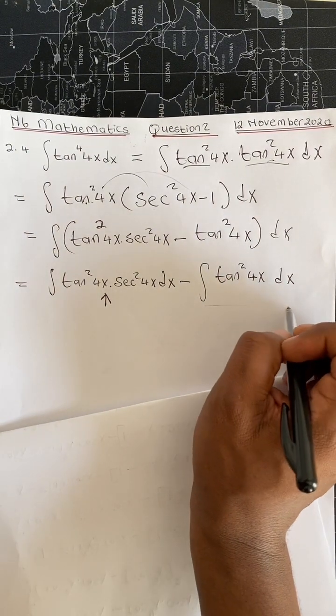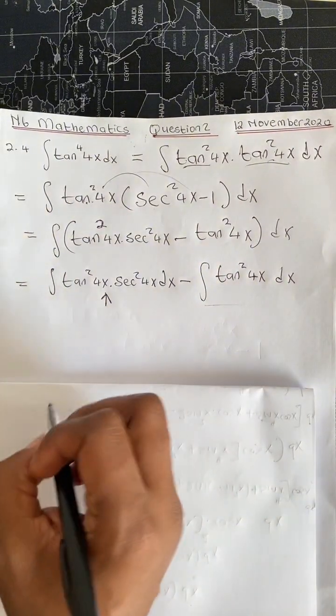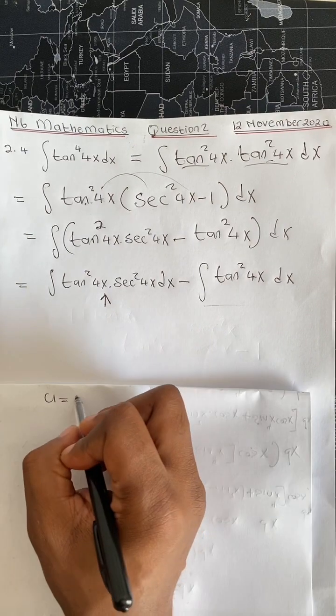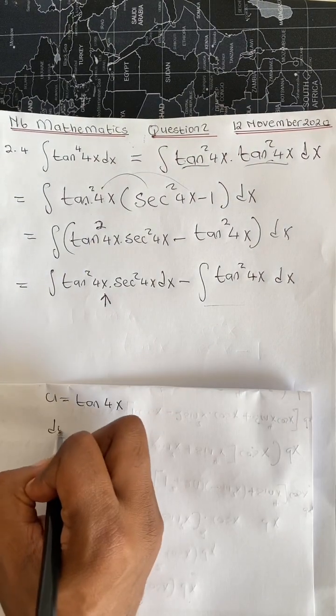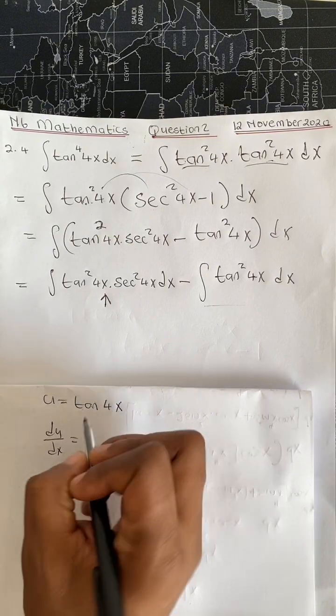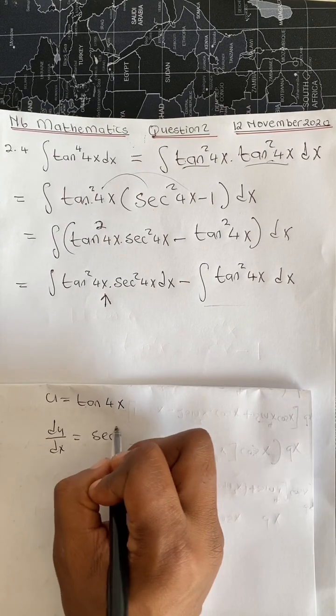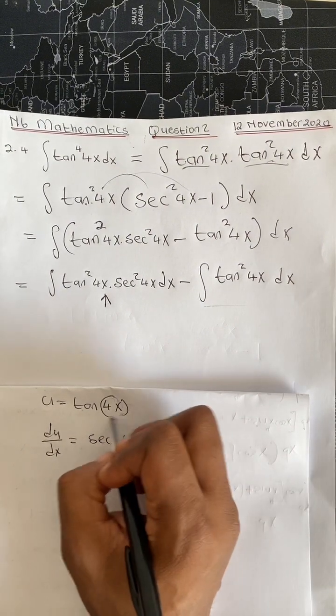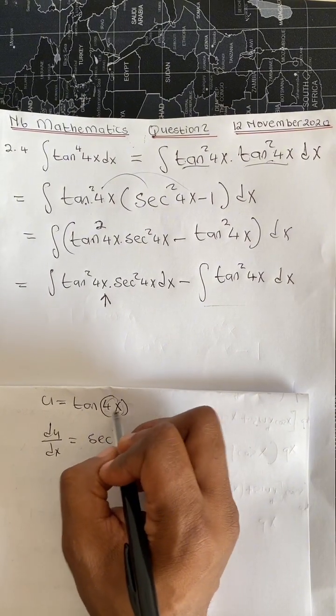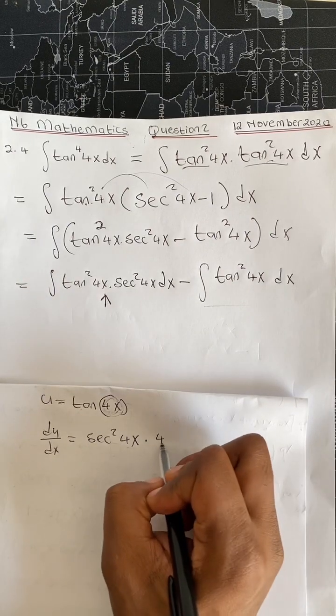For now we have to let u equal tan 4x, and we differentiate u with respect to x. So the derivative of tan is equal to sec squared 4x. And according to the chain rule, we also have to differentiate the function of the function. So the derivative of the 4x is equal to 4.